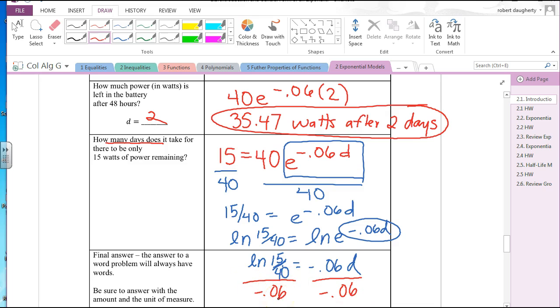That will get D by itself. So that will tell me that D is equal to the natural log of 15 over 40 divided by negative 0.06.